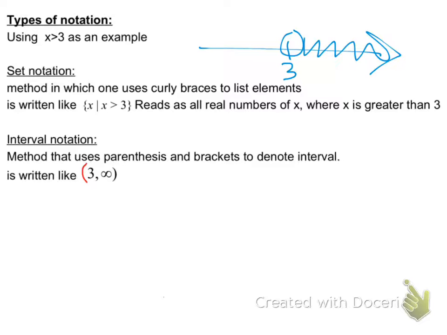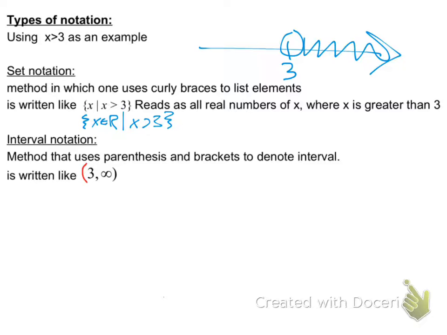And it reads as all real numbers of x. Sometimes what they do is they change it and say x is within this R thing. That small e, the element symbol, means within, such that x is greater than 3. So some books, some places you might look online for answers and help, might use x in R instead of just saying x.